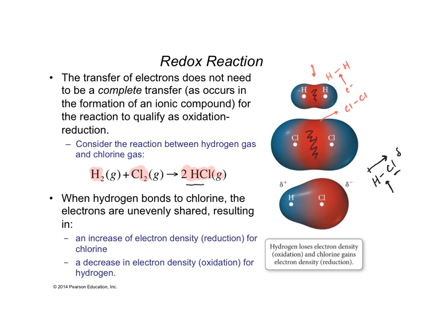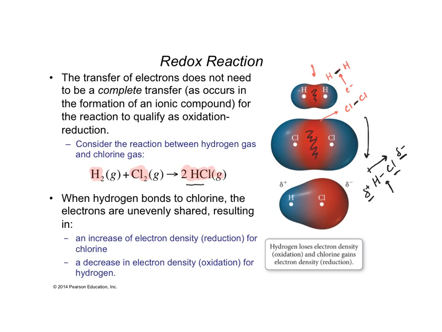So chlorine forms what we call, again, a partial negative charge, and hydrogen forms what we call a partial positive charge. So we go from molecules that had completely equal sharing of electrons, hydrogen had equal sharing, chlorine had equal sharing, and we make a molecule where there is an uneven distribution of electrons in the product, where chlorine gets more than hydrogen, right?